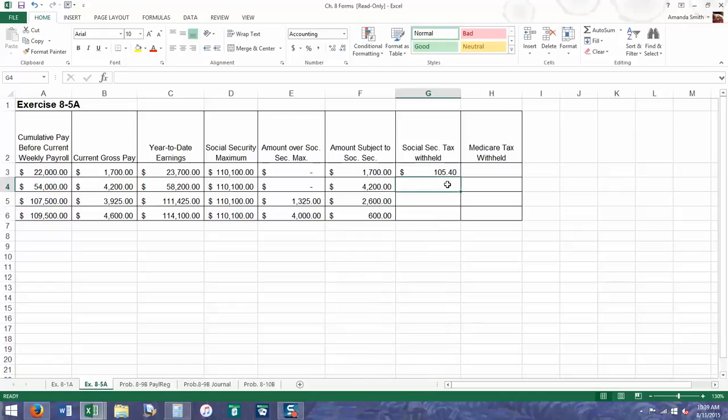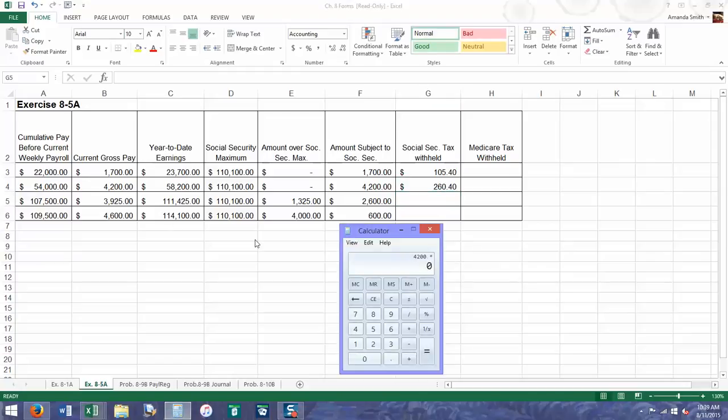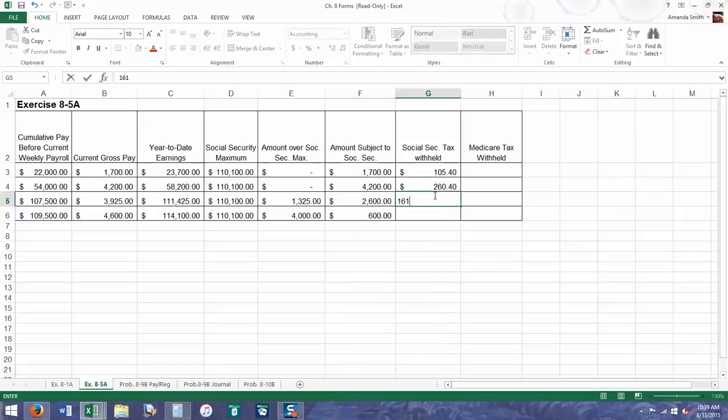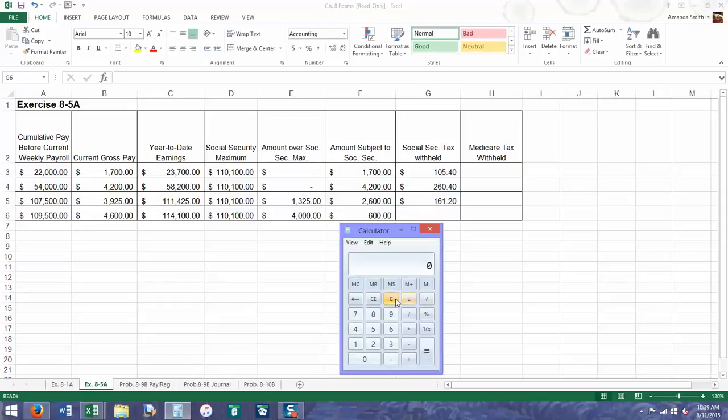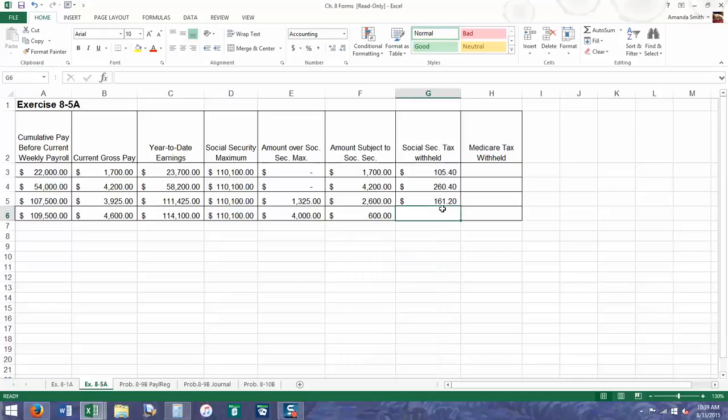It's $260.40. $2,600 times 6.2% gives us $161.20. And the last one, we're going to take the $600 times our 6.2%. Gives us $37.20.